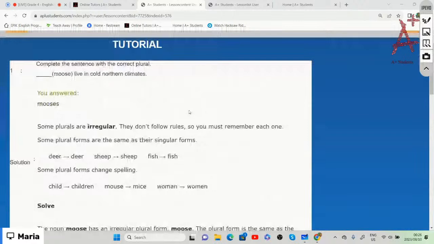For example, fish and fish, deer and deer, sheep and sheep. These are all the same, right? Even if you make mention of more than one in front of them, the word stays the same. One deer, many deer, one sheep, many sheep, one fish, more than one fish.